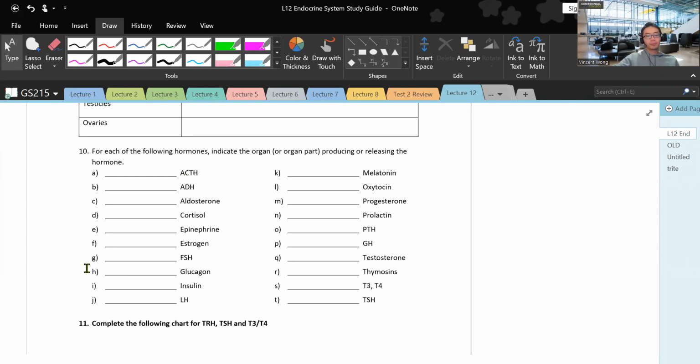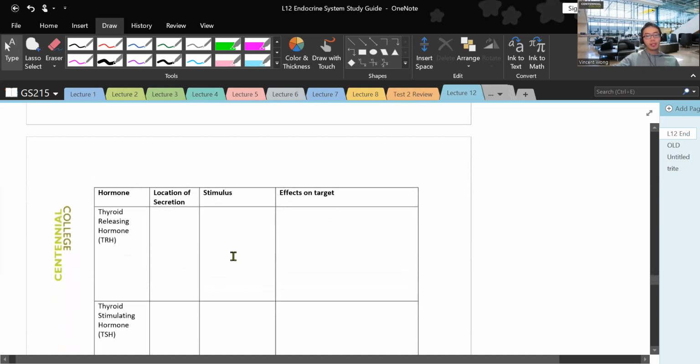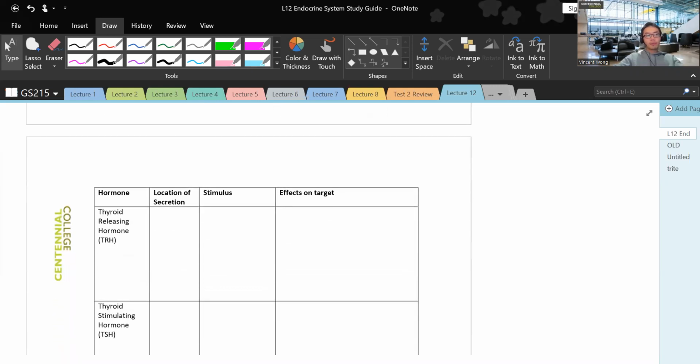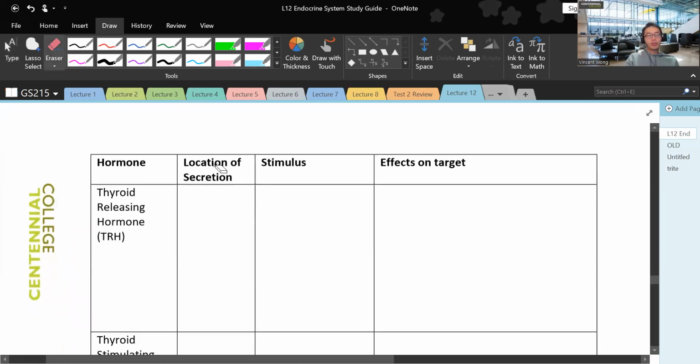Okay. Complete the following chart for TRH, TSH, and T3, T4. All right, let's do this. So thyroid releasing hormone, the location of secretion would be the hypothalamus. How do I know that? Because it ends in RH. Stimulus.